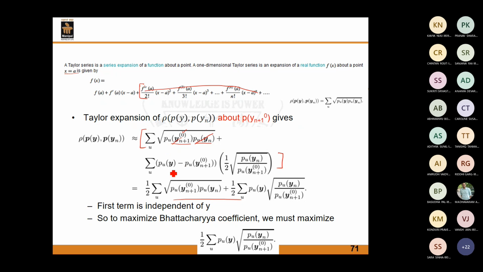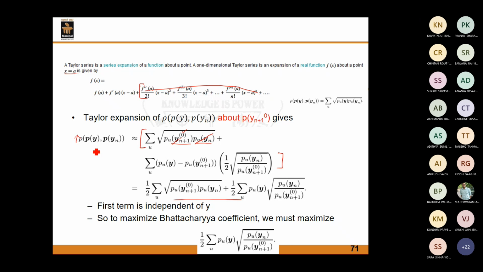The only factor which keeps changing is basically this particular term, which is the second term. What you're trying to do is approach this as an optimization problem. You're trying to maximize this particular coefficient, or the LHS.